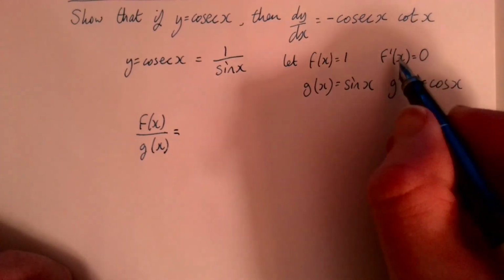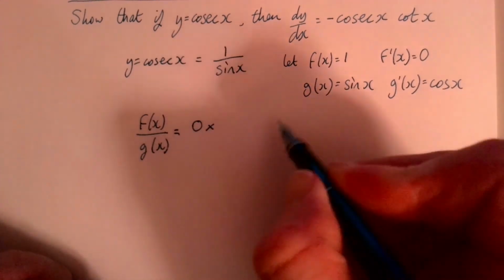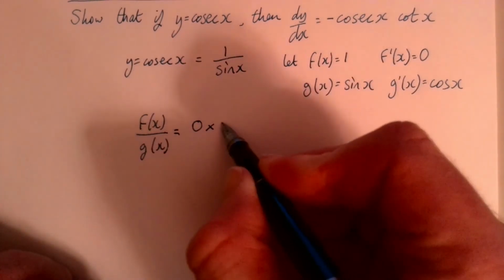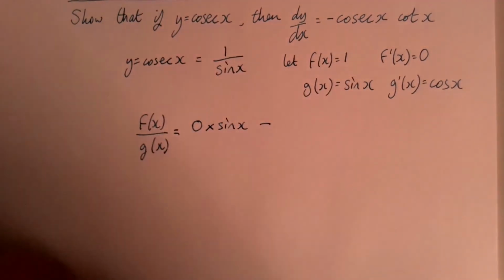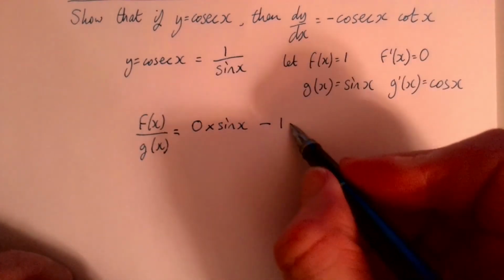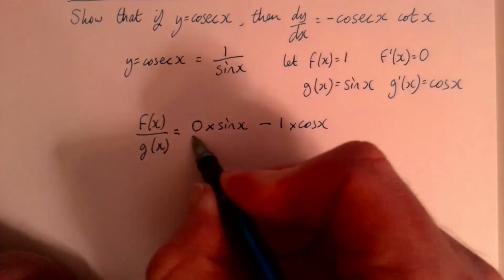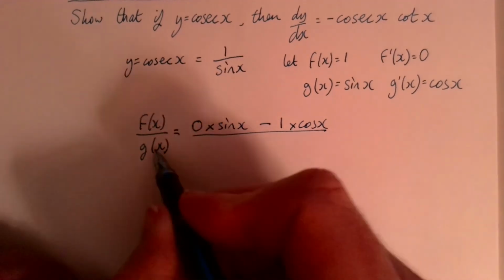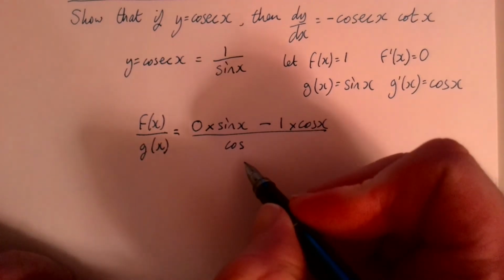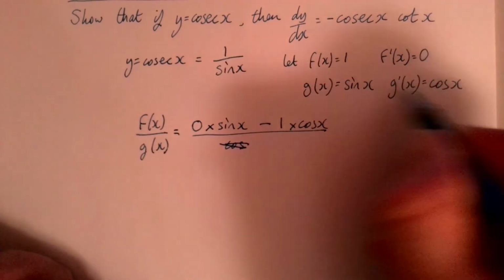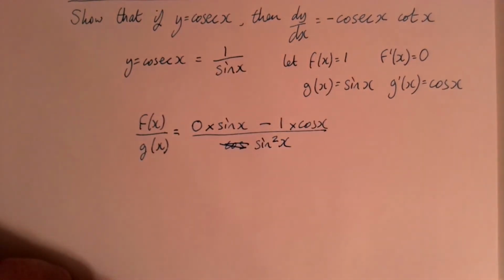We've got our differentiated f, which is 0, multiplied by our g, which is sine x, and then we're going to be taking away from that our f of x multiplied by the differential of g being cos x, and it's all going to be divided by the function on the bottom squared. So then we get, not the differentiated one, sine squared x on the bottom.